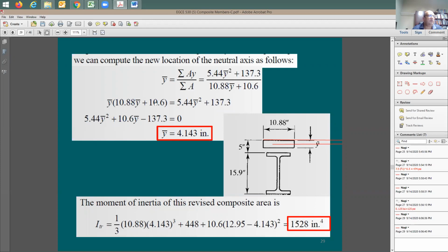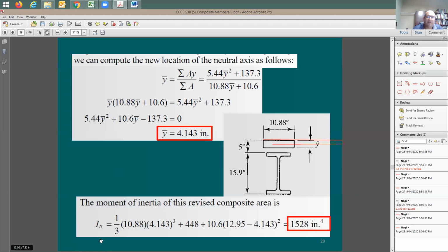Now, you're going to have this equation in y bar. It's going to be from the second degree. You can solve it. You're going to have two answers, and certainly one of them is going to be something that makes sense. The other one is going to be like a measured number that will never happen. So you take here now the depth for the concrete or neutral axis is going to be 4.14 instead of 4.2. Not big difference, but this is just to go with this assumption here, ignore the concrete in tension and find out now the new depth.